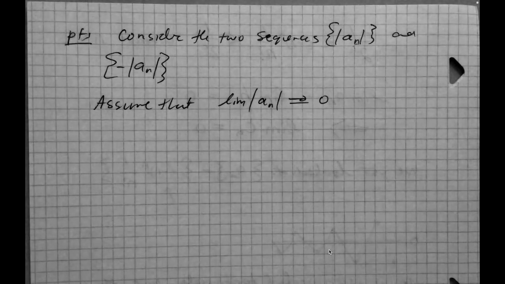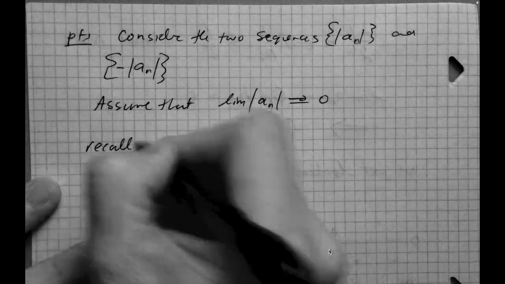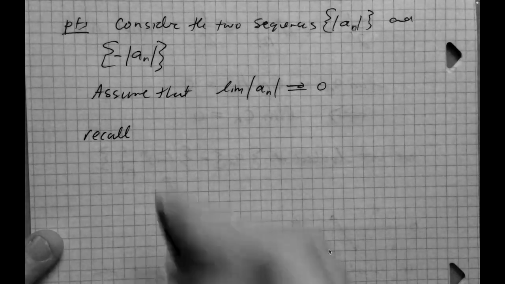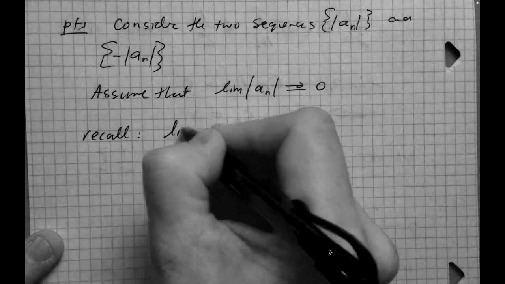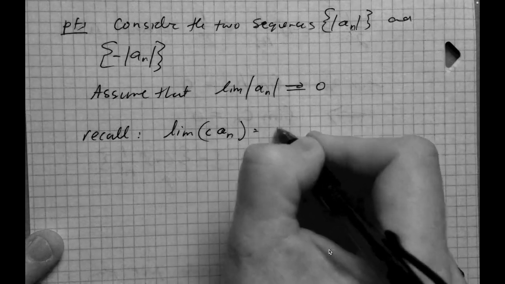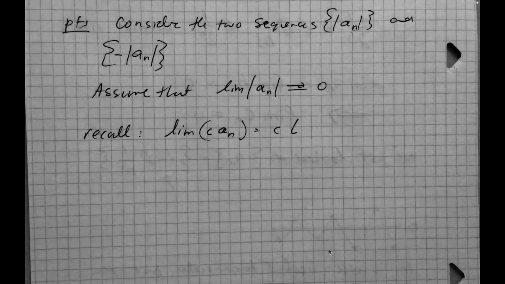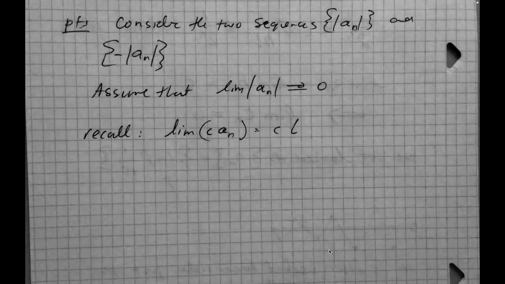Now consider this. Recall this property of limits: the limit of c times a of n is equal to c times the limit. Remember that was a property we had for limits.